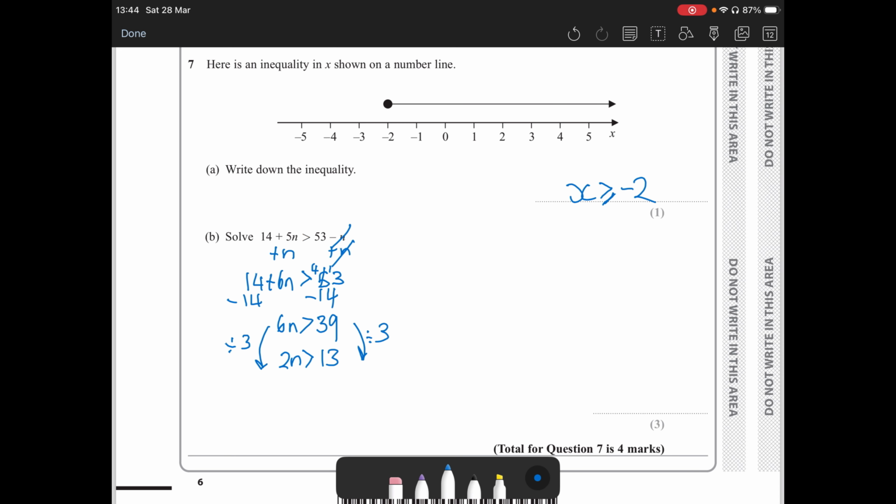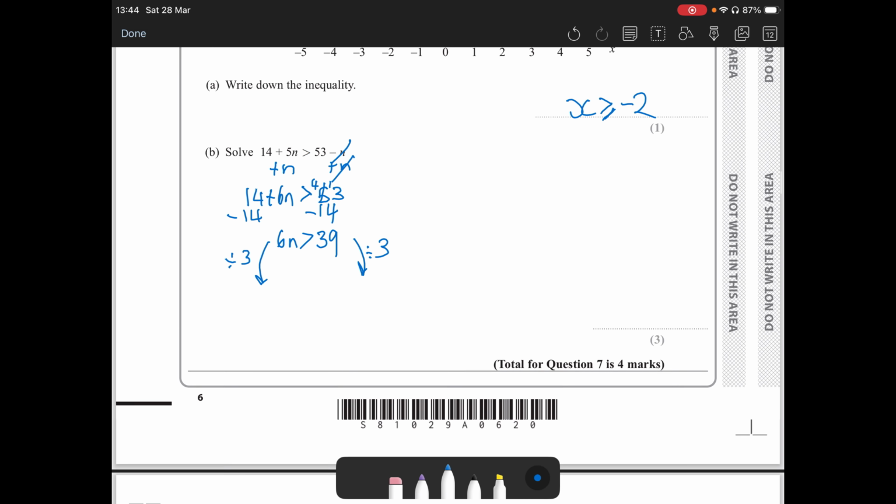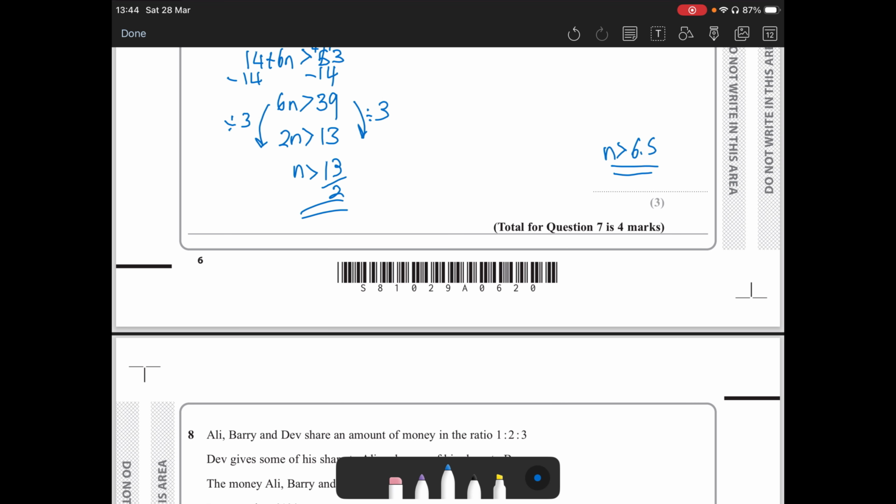The reason I've done this as opposed to just dividing by 6 in one go is, all I've got to do now is half 13. It's not going to be a whole number. So n is greater than 13 halves. You could write that as n is greater than 6.5. So either one is fine. They would accept an improper fraction or a decimal. All good. Okay, there we go.